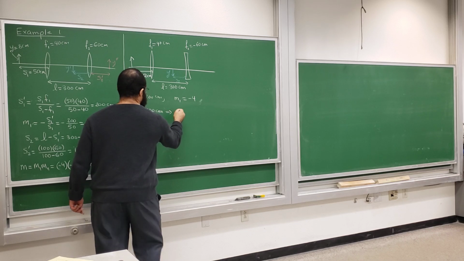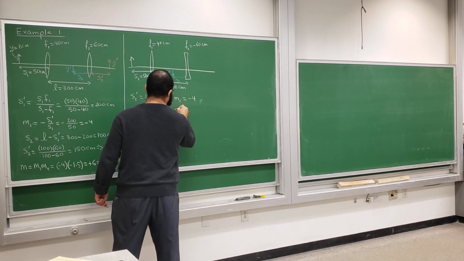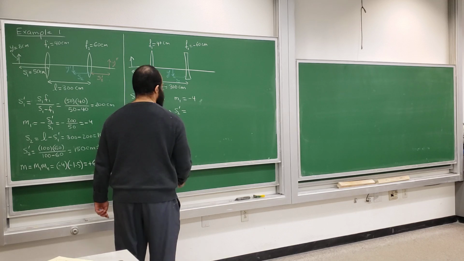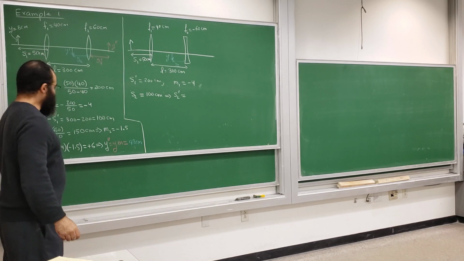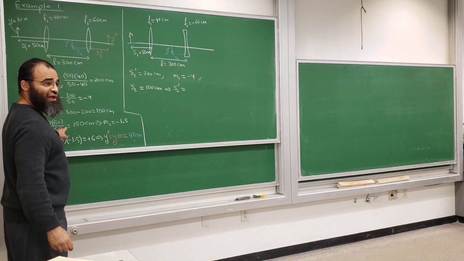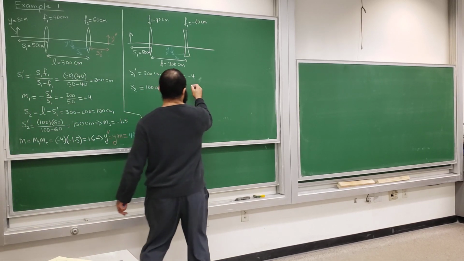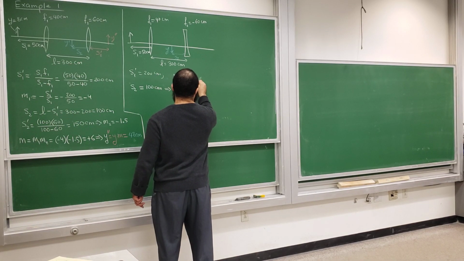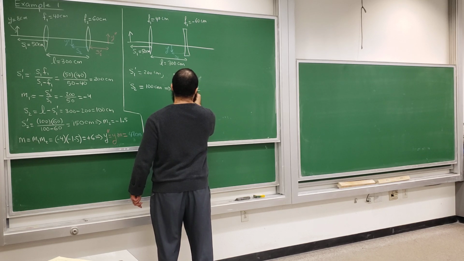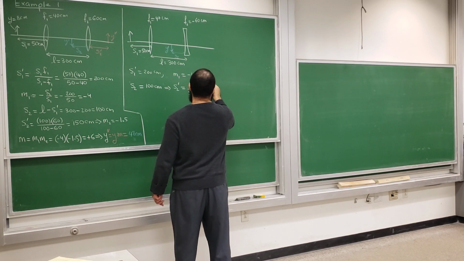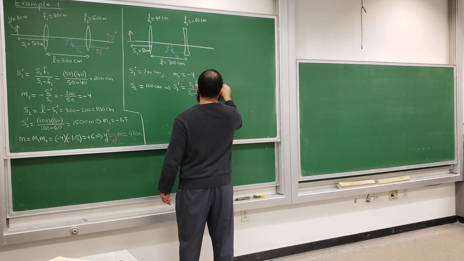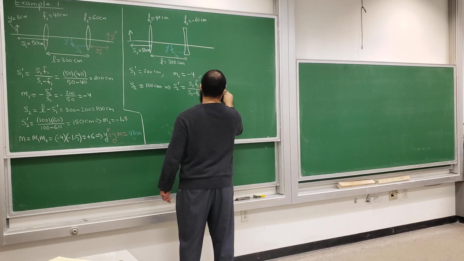which means S2 prime is going to be, we need to use the same equation, but remember the focal length now is minus 60, so let's be careful with this one. I'm going to say S2 times F2 divided by S2 minus F2, which is 100 times minus 60 over 100 minus minus 60.